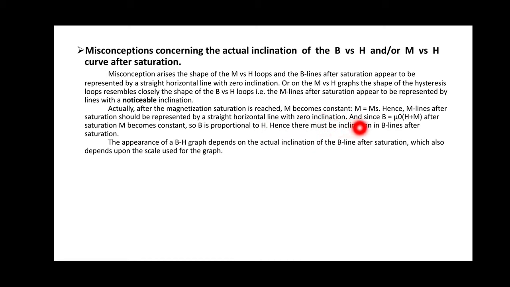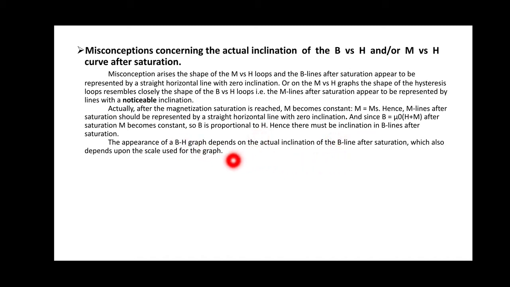Since B equals mu naught times H plus M, after saturation M becomes constant, but B does not become constant. B increases due to the increment of H. So there must be inclination in B lines after saturation. The appearance of the B H curve graph depends on the actual inclination of the B line after saturation.